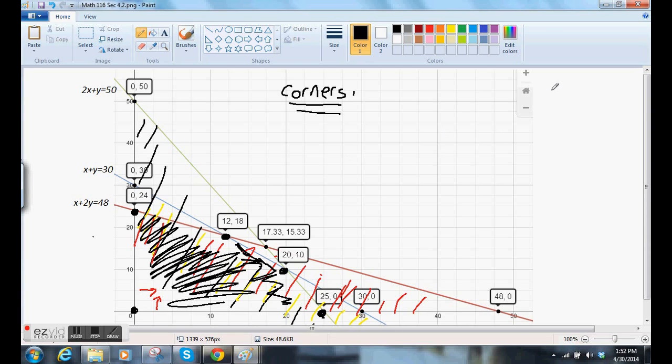So x plus y is 30, so y equals 30 minus x. I want that line, the blue line, to be equal to the red line, x plus 2y equals 48, and you let that y value go in there, 30 minus x, and you solve for x. You should get 12.